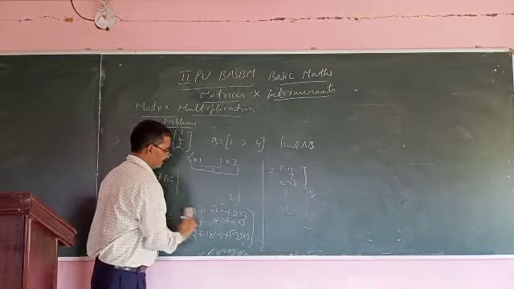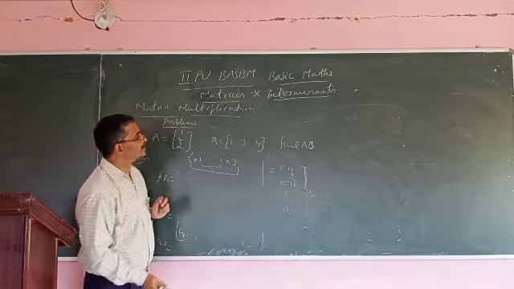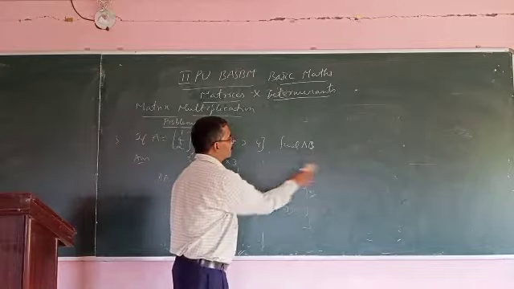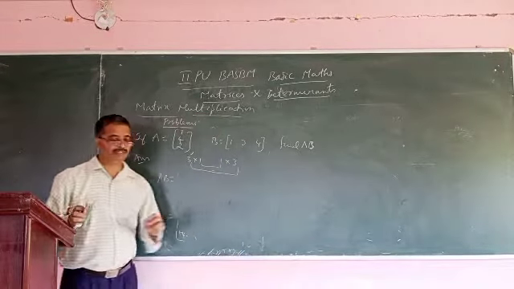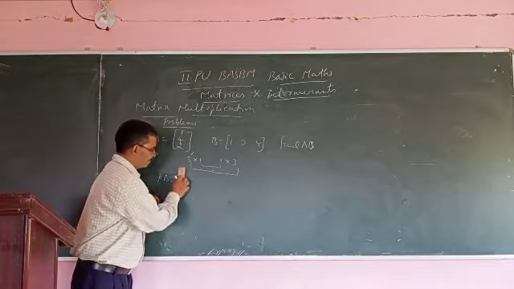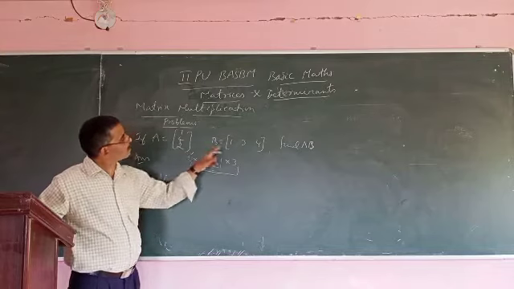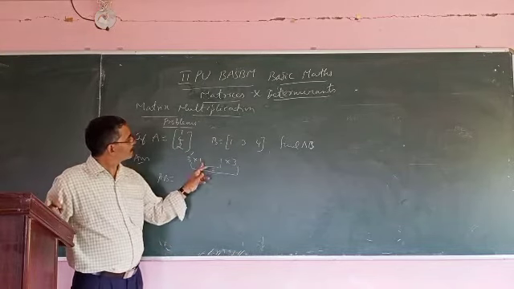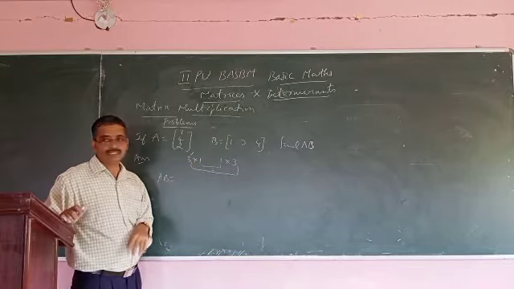Let's see how we do it. As I told you, first check whether multiplication is possible. If possible, then what is the resultant order of the matrix? Here this is 3 cross 1, this is 1 cross 3. Multiplication is possible because 1 is here, here also 1. So 3 cross 3 is the total.